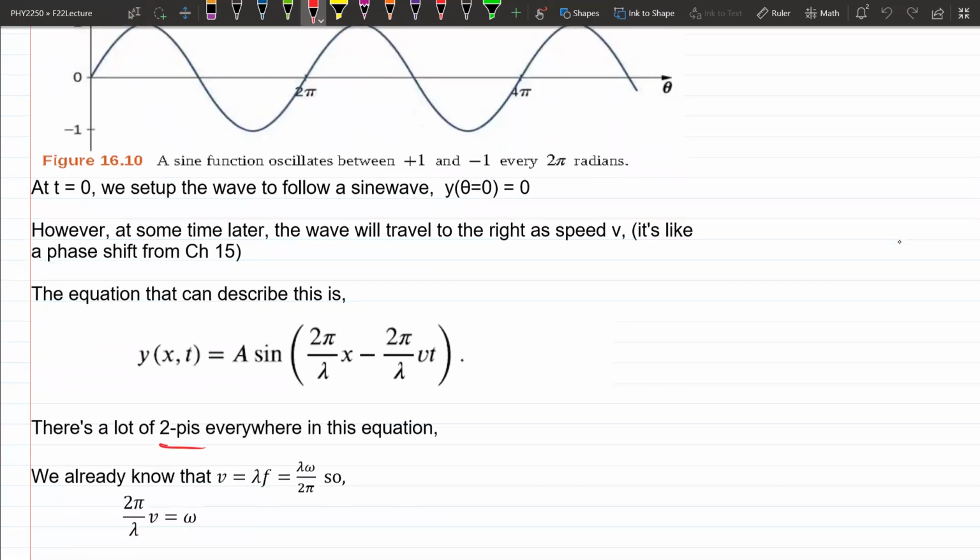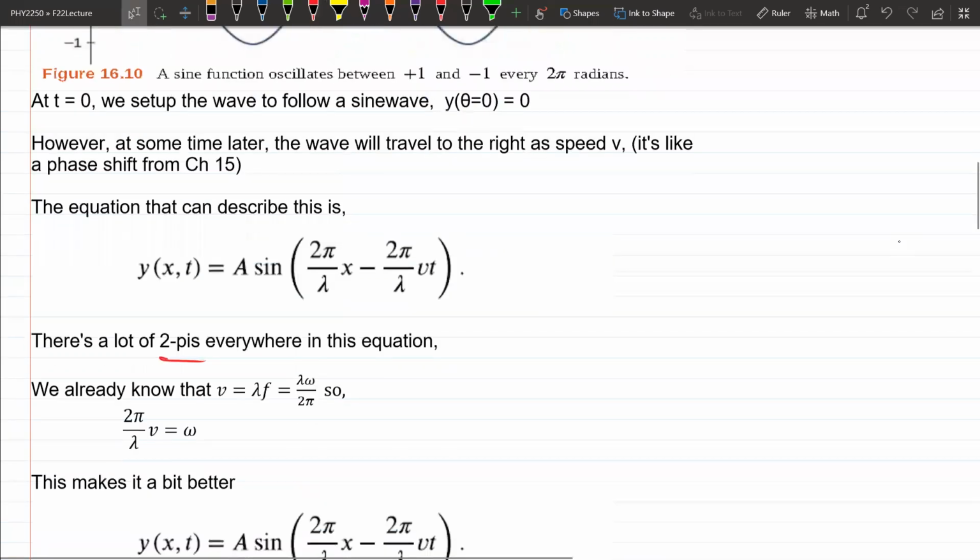This looks kind of wonky right now, and there are 2 pi's everywhere, and you have to keep track of them. But one thing we know is that the speed of the wave is always going to be the wavelength times the frequency of that wave. This is the key equation we want to know whenever we're dealing with waves.